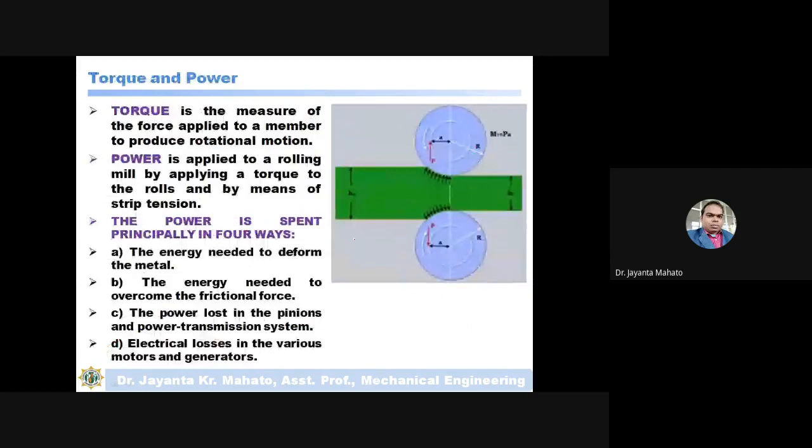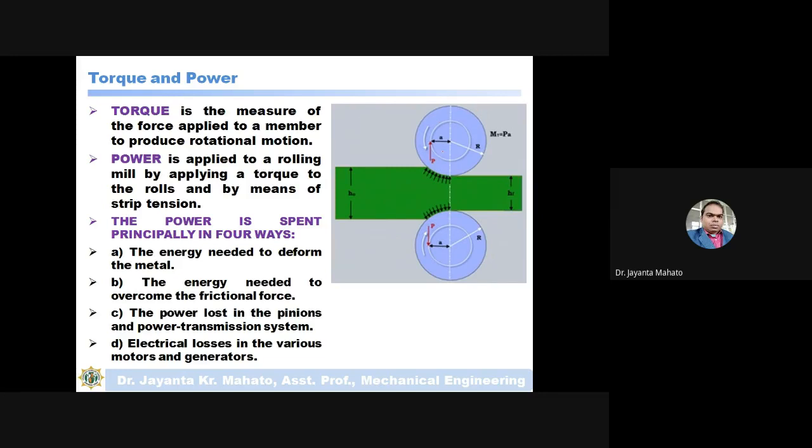Now another topic is torque and power. Torque is the measure of the force applied to a member to produce rotational motion. In the rolling process, torque is required to rotate this roller.